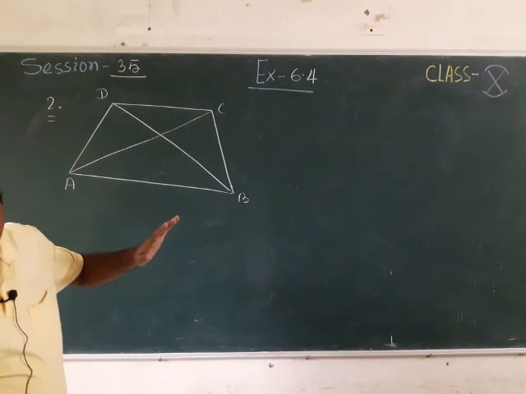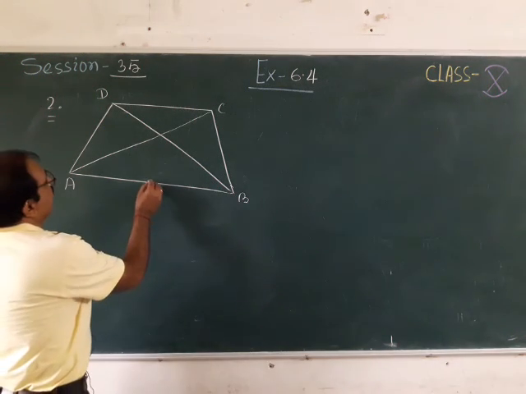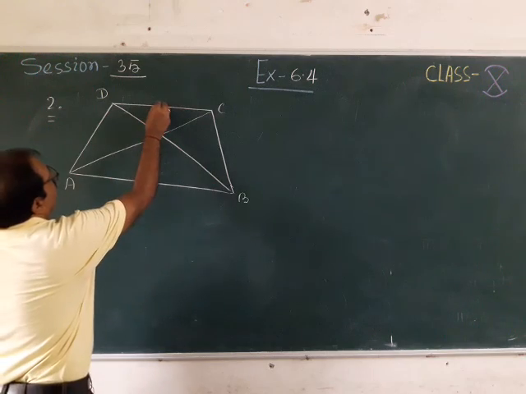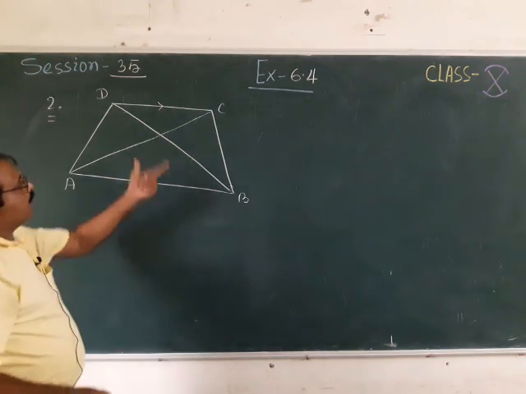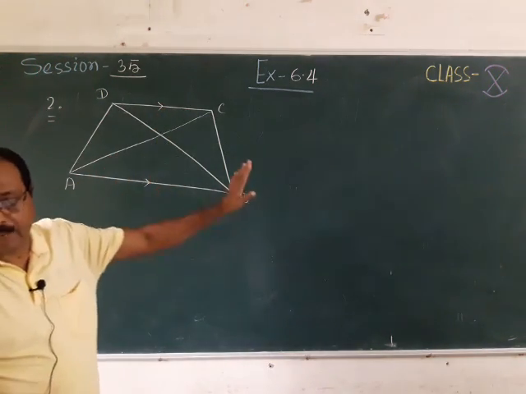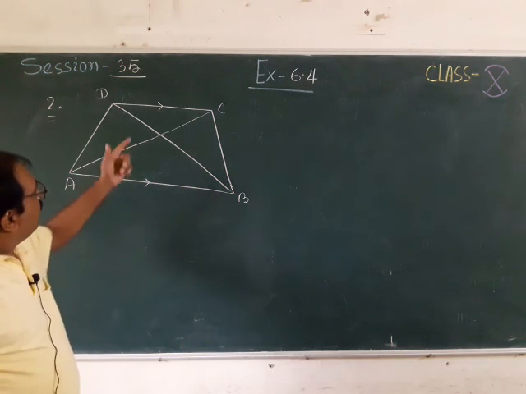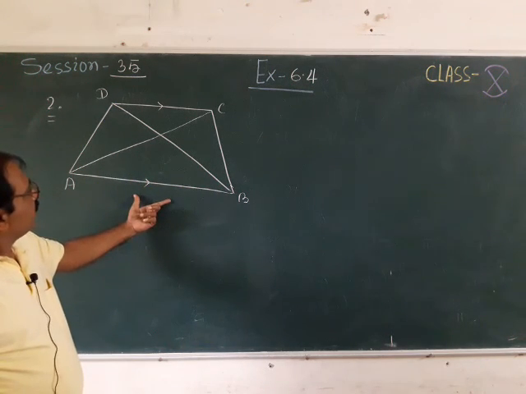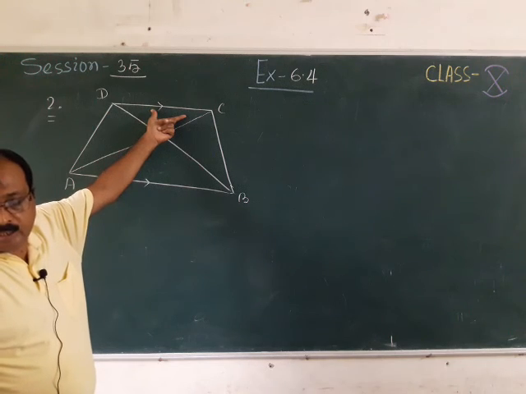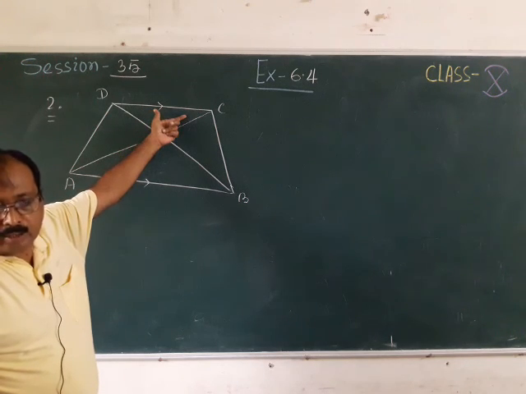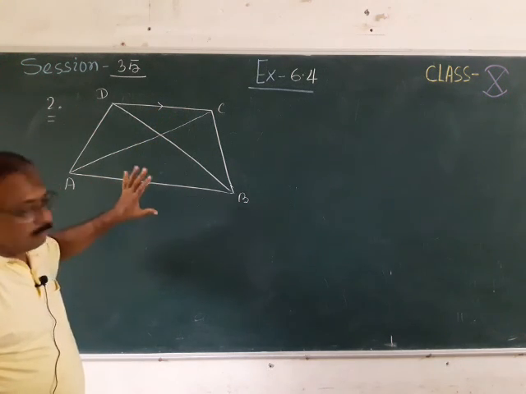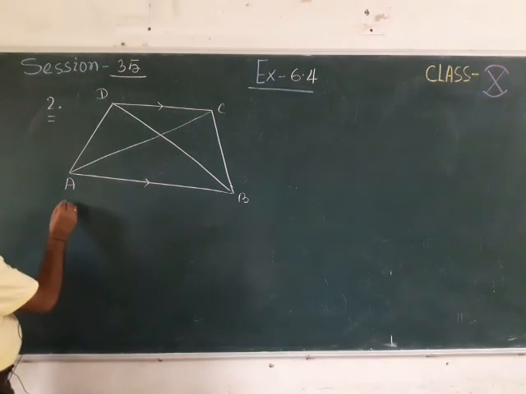Then it is also given that AB is parallel to side DC. AB and DC, both the sides are parallel. Then the length of AB is equal to twice the length of CD. It is also given in your question. So, what are the given parts that you need to write here?